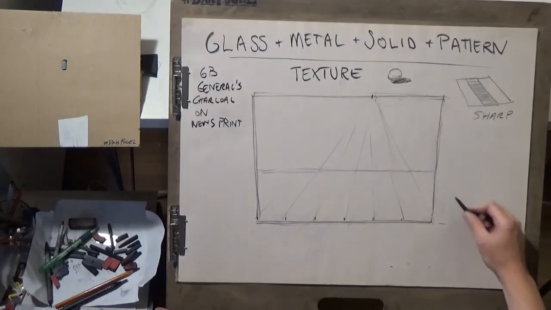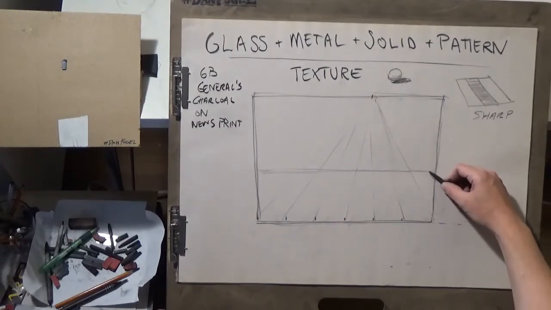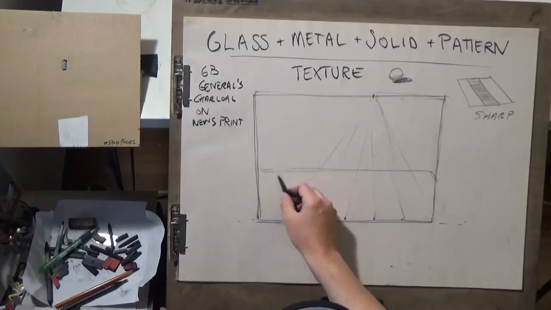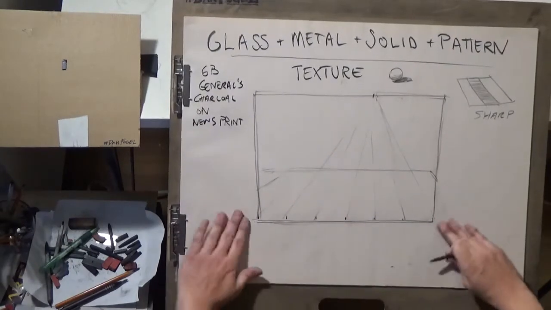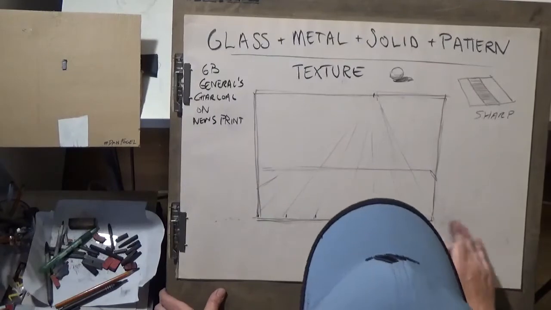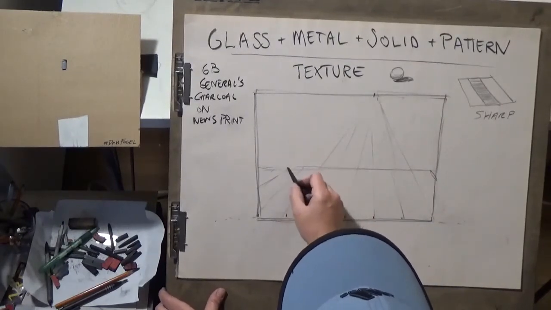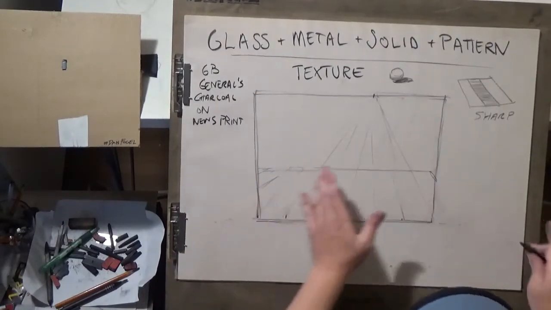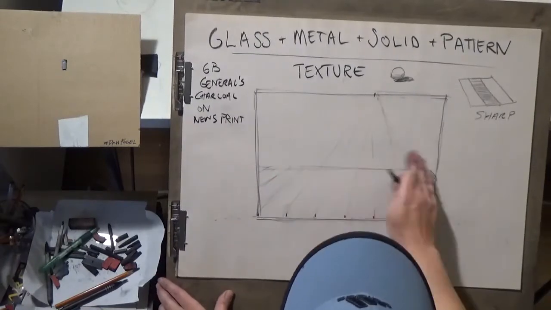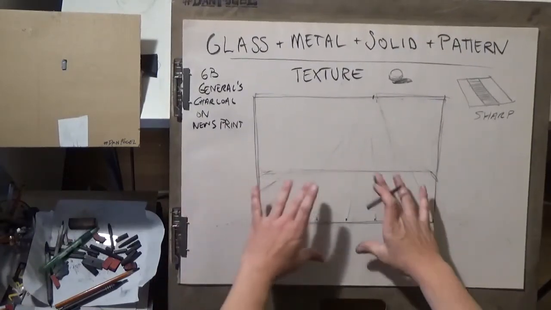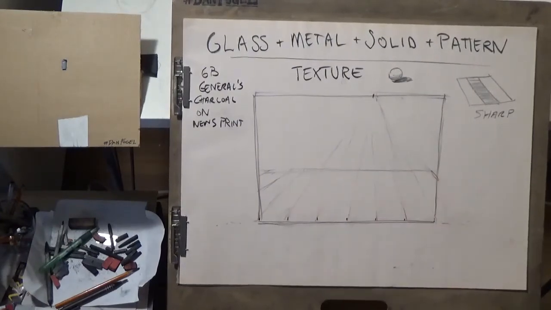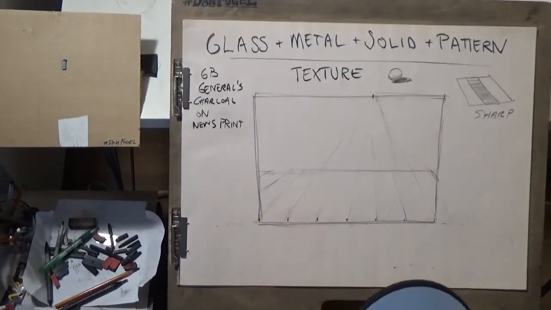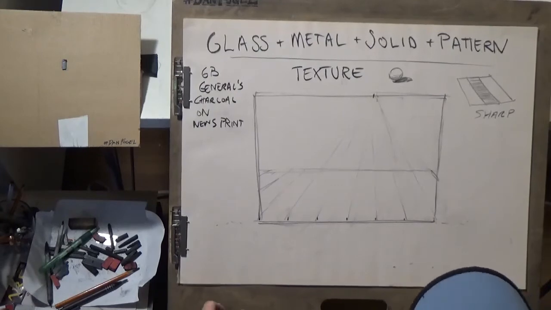I can kind of figure out what maybe some of these other pieces of stripe might look like over here by extending my baseline. I don't need to draw that, but it can help me establish a pattern here on the tabletop that will become the ground plane that we're used to, but instead of just being a white ground plane, it's going to have a pattern on it as well.